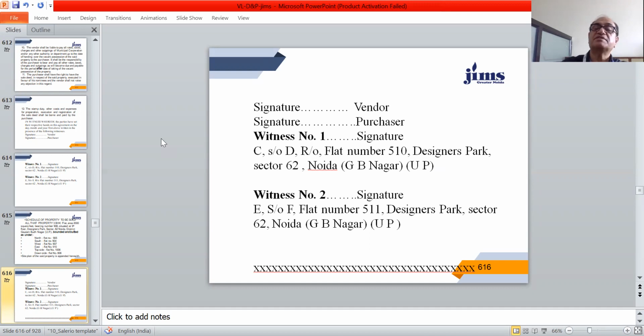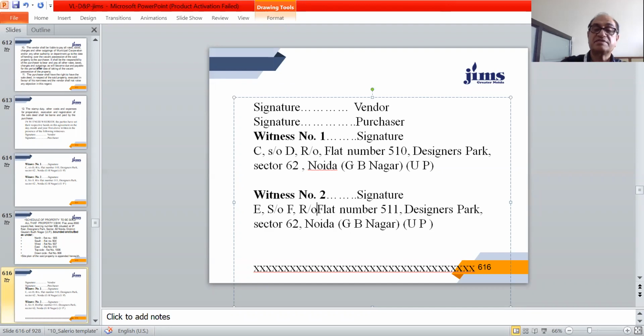Witness number one will put his signatures along with photograph and his complete name and address, like he is C, son of D, resident of flat number 510, Designers Park, Sector 62, Noida, Gautam Buddha Nagar. And likewise, witness number two will put his signatures along with his photograph and his complete name and address, like E, son of F, resident of flat number 511, Designers Park, Sector 62, Noida, Gautam Buddha Nagar, UP, is to be written here.